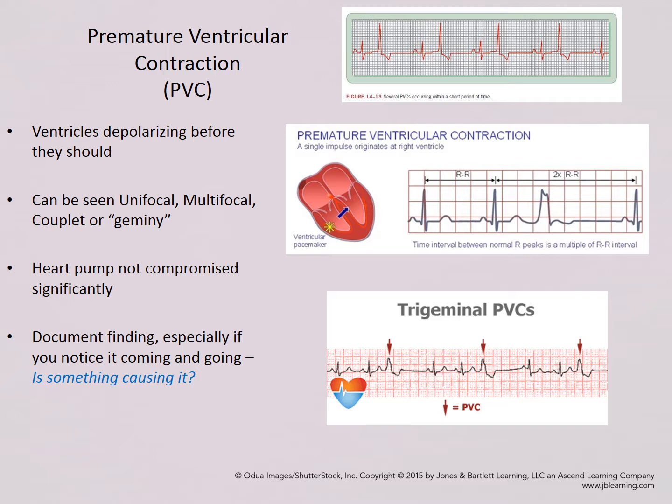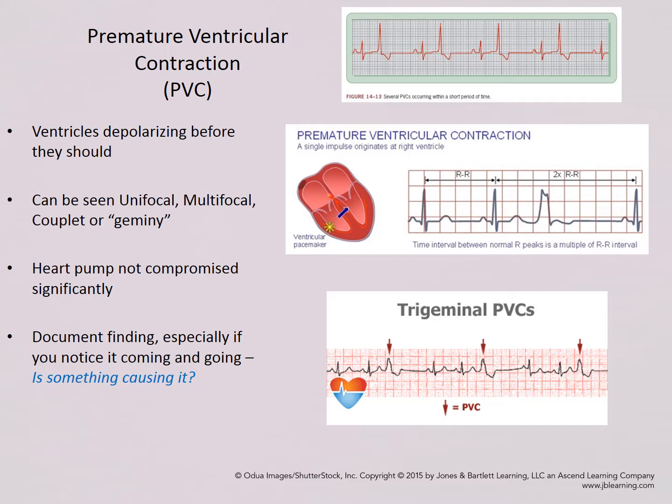In this situation, your heart pump is typically not compromised significantly. However, it can lead to a more serious arrhythmia, which we're going to get to in a little bit. But this in and of itself, you just want to document it. And again, is something causing it that you can tell. There's no immediate action you need to take other than you just want to keep your eye on them.